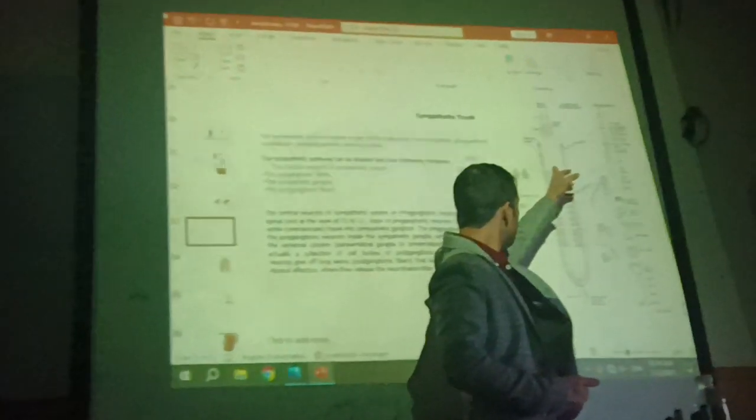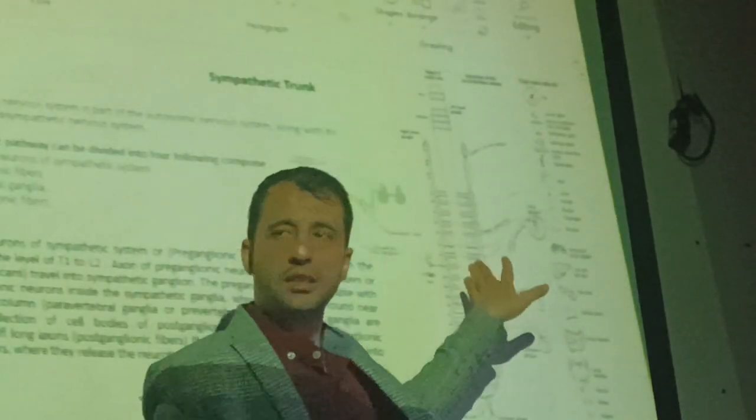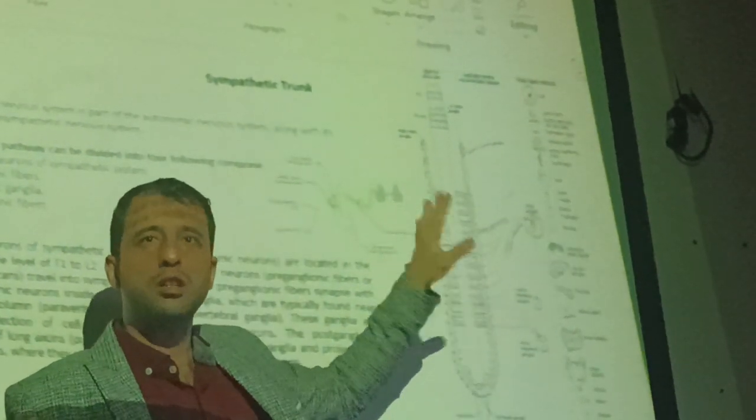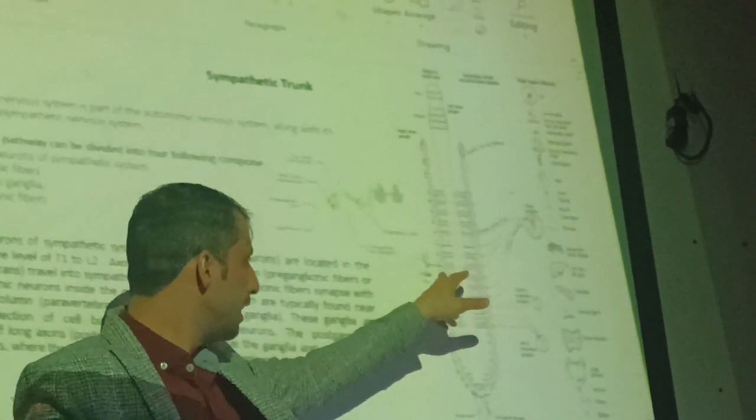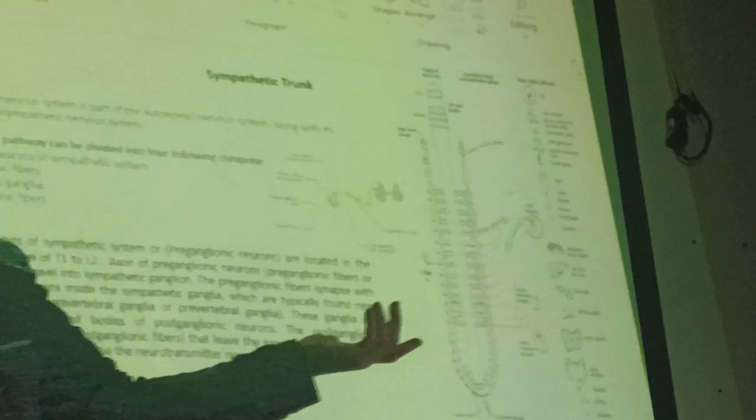This presynaptic fiber inserts into the paravertebral ganglion, and some of them synapse at the same level to arrive at every part of the body.